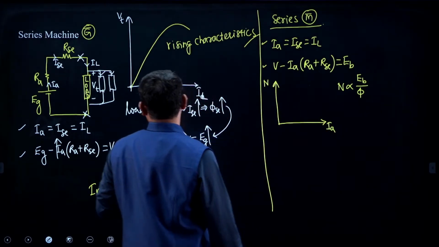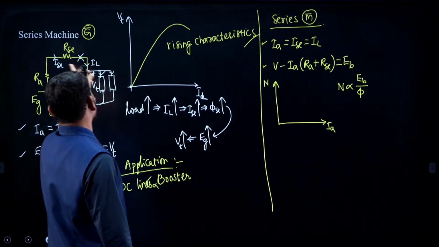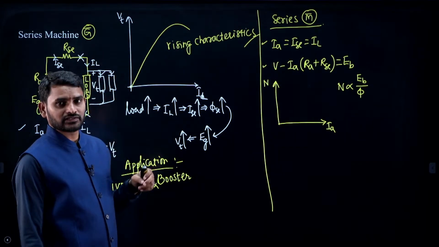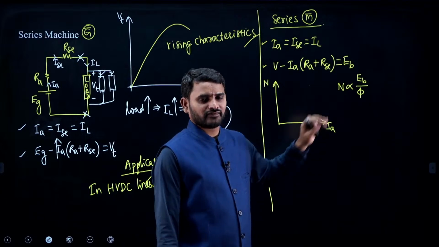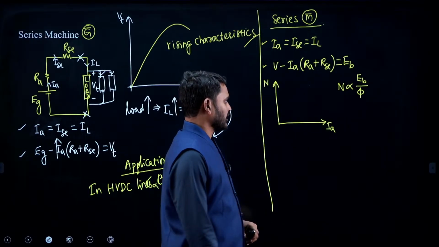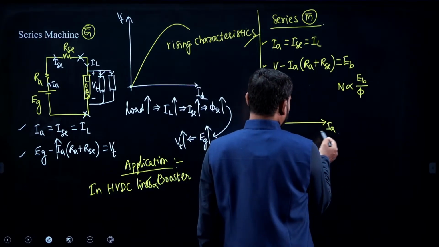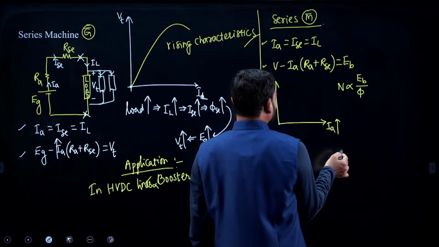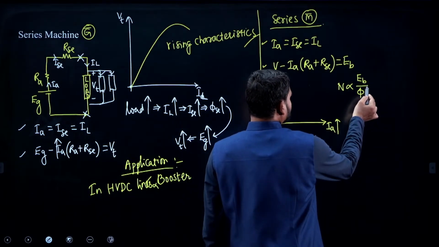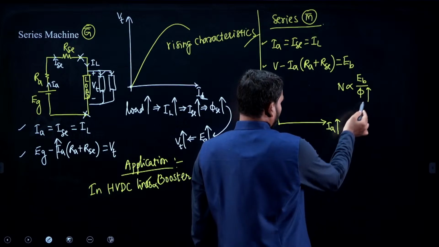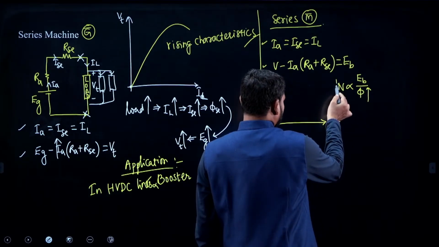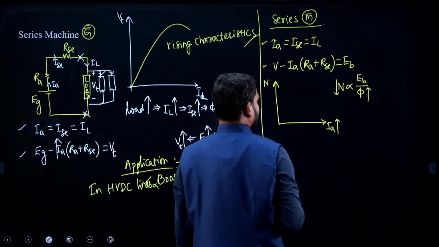If the armature current changes, series field current changes. If the series field current changes, series field flux also changes. Na? So the series motor is not a constant flux motor, it is a variable flux motor. Okay. Right. So as the load increases here, armature current increases, so series field flux also increases. Right. Now this increment in flux will lead to a fall in speed.